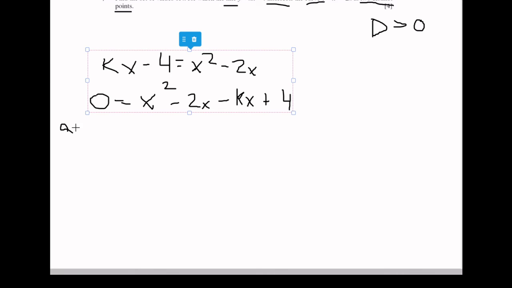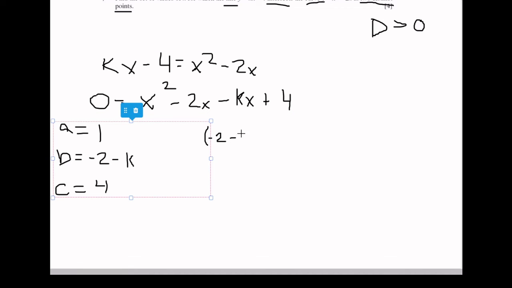We define a as 1, b as negative 2 minus k, and c as 4. So we have our b squared, so it's negative 2 minus k squared minus 4, a and c.